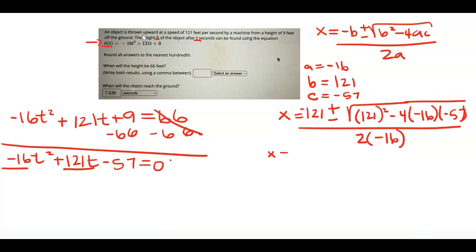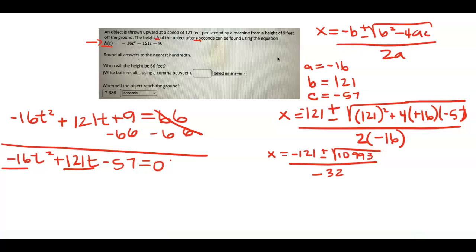So we'll have x equals negative 121 plus or minus. Now this part I just did completely in my calculator. So 121 squared minus 4 times negative 16 times negative 57. We can see two of these negatives multiply to be a positive, but we're still left with one negative. So when that all multiplies out, it's 10,993 under the square root over a negative 32.